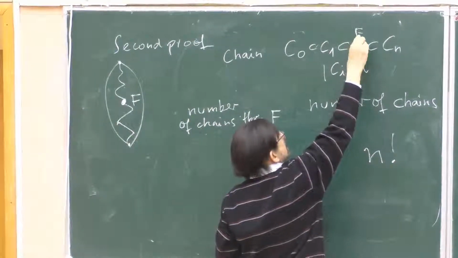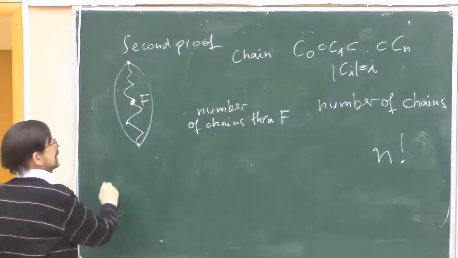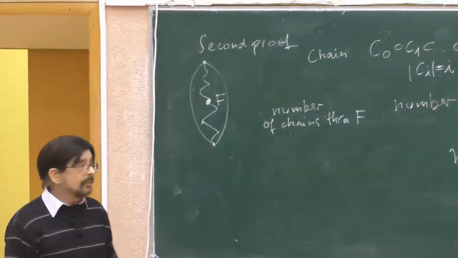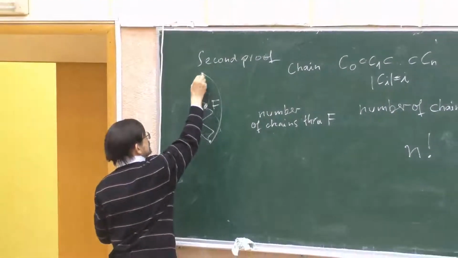F is somewhere here. How many chains we have which go through?